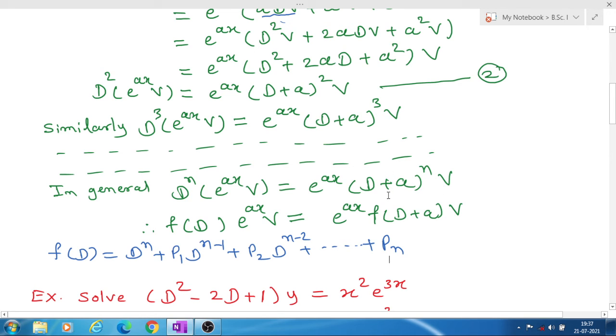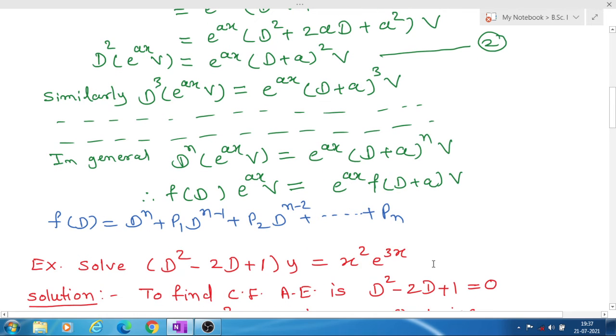Similarly, for all the terms we substitute the derivatives there, and then we again take e raised to ax common. So from that we know that when we operate this f(D) on e raised to ax v, we get e raised to ax into f of (D plus a) into v.